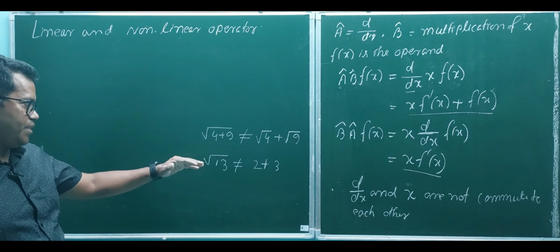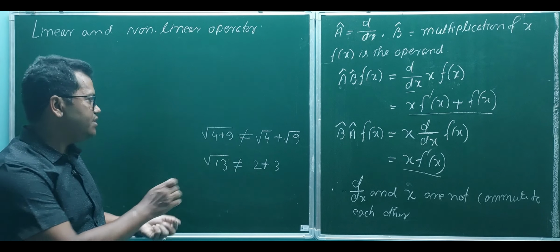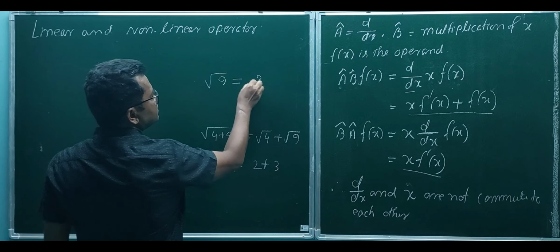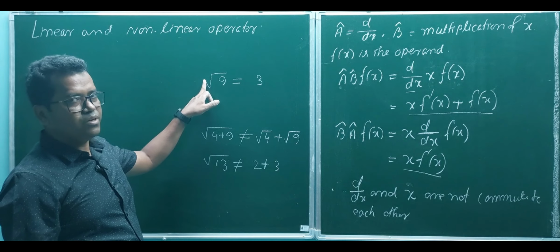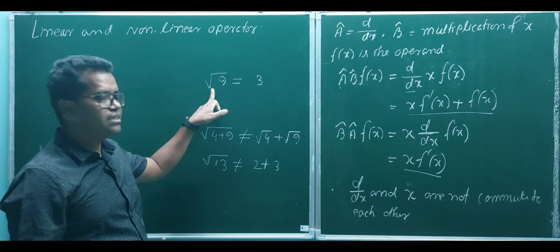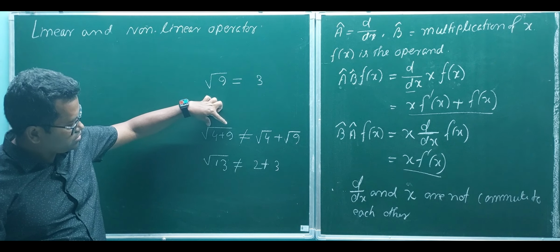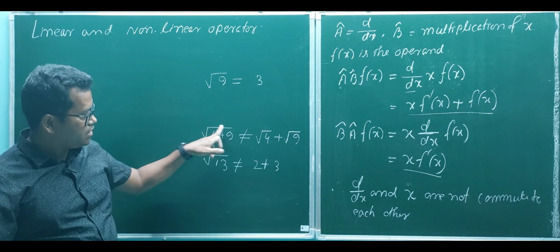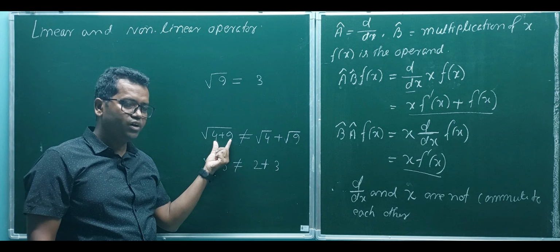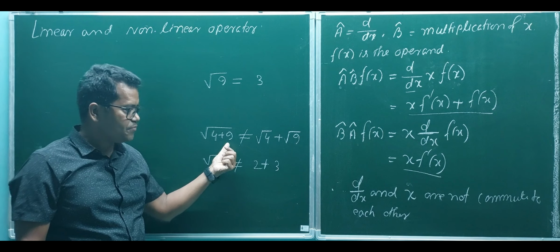See, root over is an operator. Why is it an operator? See, root over 9 is equal to 3. That is, root over changes this function to a new function. So root over is an operator. Now this root over operator operates on the sum of two functions, 4 and 9. Imagine these are two functions.